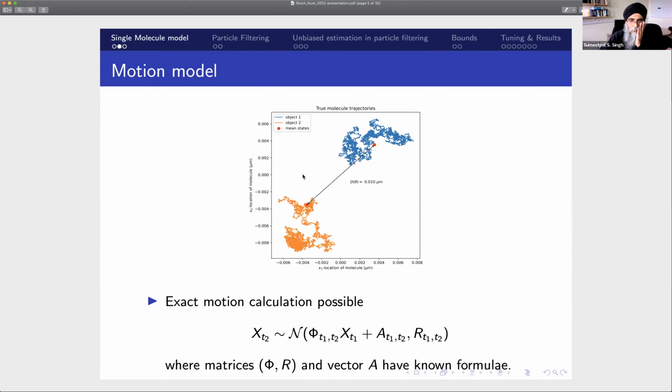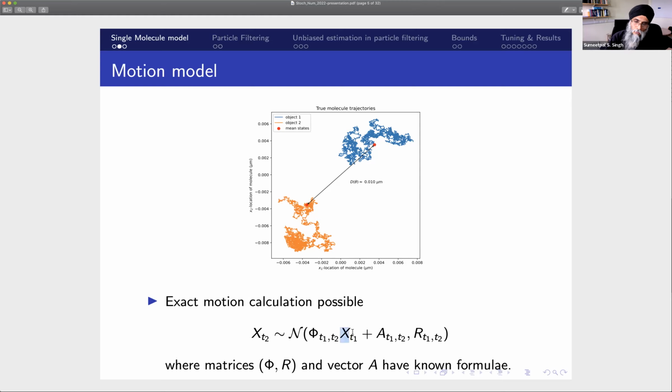Okay. So here is a simulated trajectory of two diffusing molecules. They're diffusing about some mean location. One's a blue molecule, one's an orange molecule. This simulation is not so important. What's important from our assumption of the linear SDE model is that we can simulate its motion exactly.